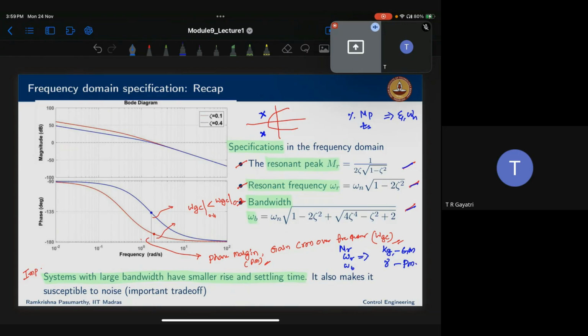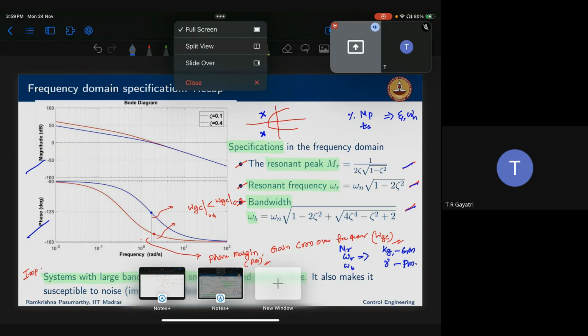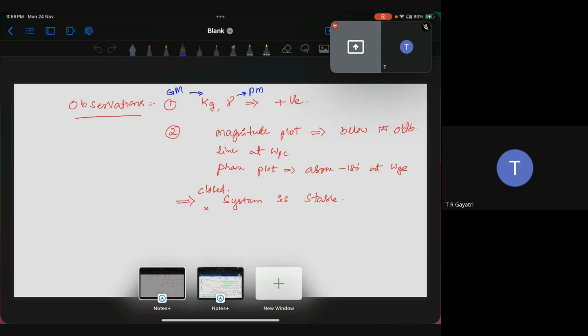Why are we converting these into gain margin and phase margin? Because the gain margin and phase margin we can directly see in the Bode plot. How do we see it in the Bode plot? This way.